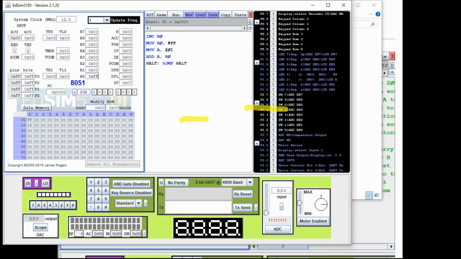So I have FF in R0. I've assembled this. Okay, move R0. Since I cannot move, okay, we can set it manually. Shouldn't be a problem. Okay, so now I'm going to run it.